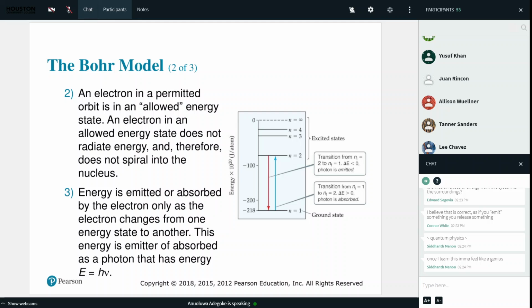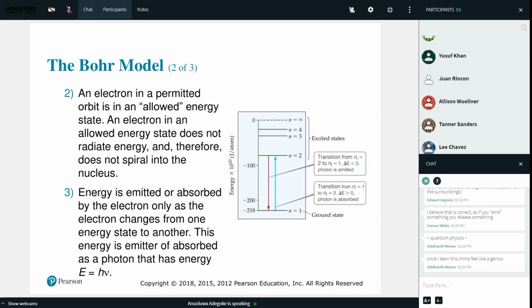All right, the Bohr model continues that an electron in a permitted orbit is in an allowed energy state. An electron in an allowed energy state does not radiate energy, therefore it does not spiral into the nucleus. Niels Bohr was able to explain that electrons are in allowed energy levels, that is, electrons can be found either on level 1 or level 2.